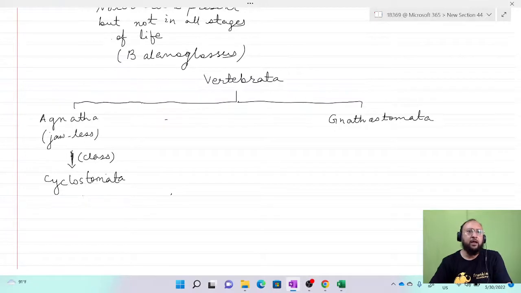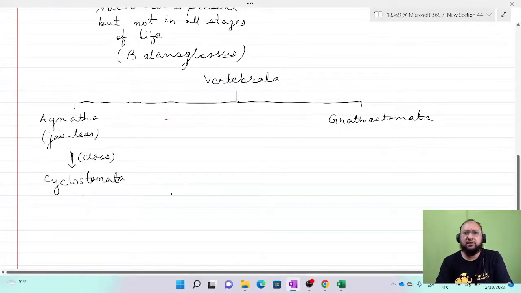Now in case of Gnathostomata, there is a division like superclass, not class directly, because there are so many other groups of animals.